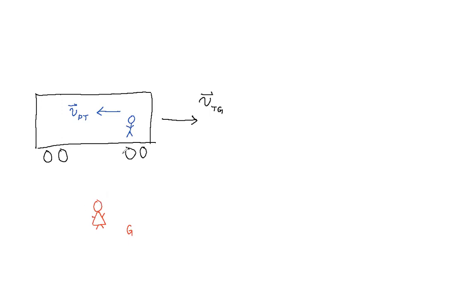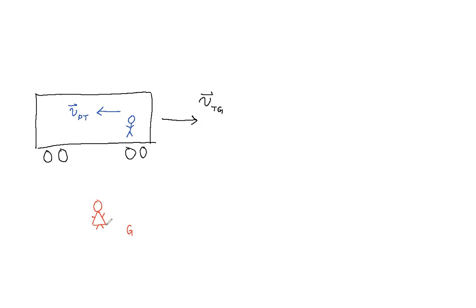But the actual motion of this person as viewed from this perspective wouldn't just be this velocity here. It would be a combination of this velocity and this one. As this person begins to head toward the back, some time goes by, and during that time the train has moved over to the right.